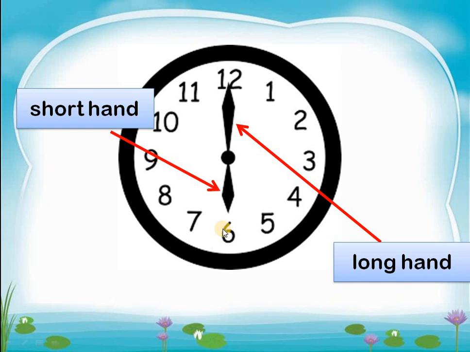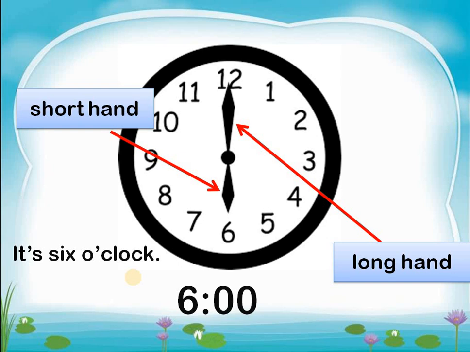Yes, it is pointing at number 6. How about the long hand? It is pointing at 12. So, can you tell me what is the time now? Yes, it is 6 o'clock.